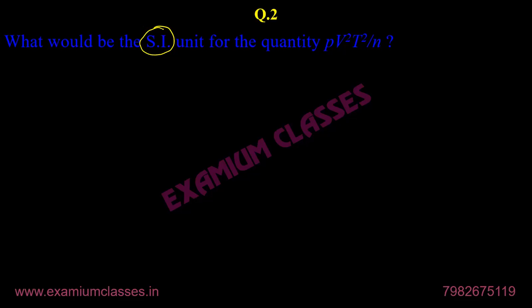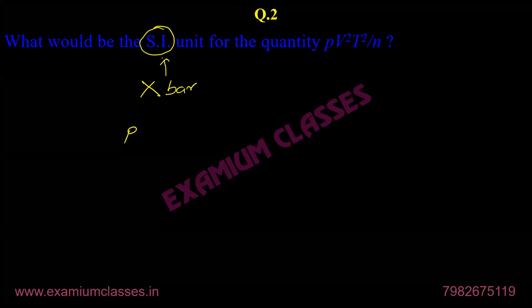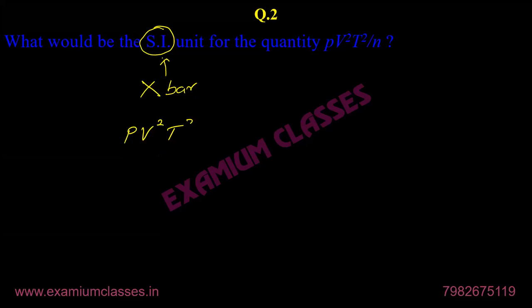Arohi, you are very close, but SI unit does not contain bar. So if I consider PV square T square by N, pressure is Newton per meter square.